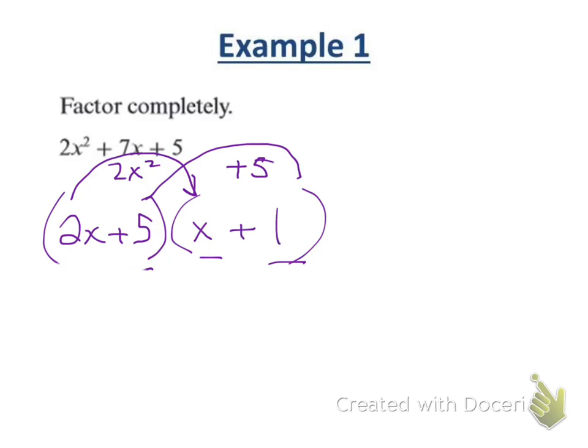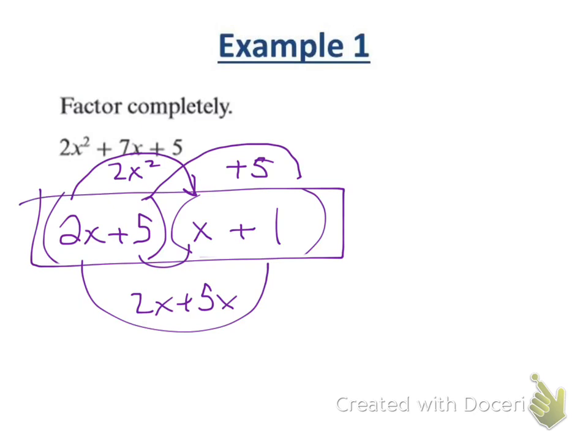Okay, 5 and 1 in that way will give us 2x plus 5x, which is 7x. And that means that this is a good factorization of what we started with. No. The order's not important. It could be x plus 1 and 2x plus 5. We still get everything's the same.